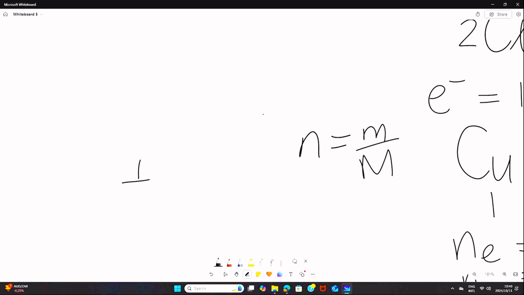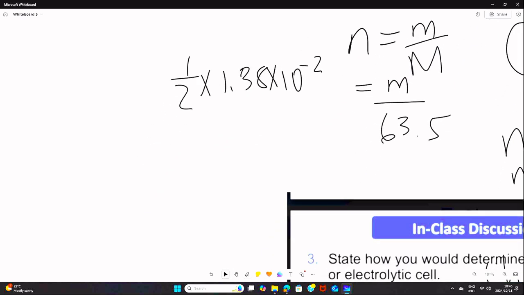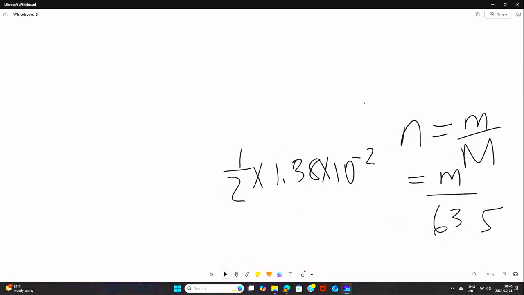So you're going to have half times 1,38 times 10 to the power minus 2 is equal to mass over 63.5. Then you will be getting the mass of the copper. You can use your calculator and write the mass.